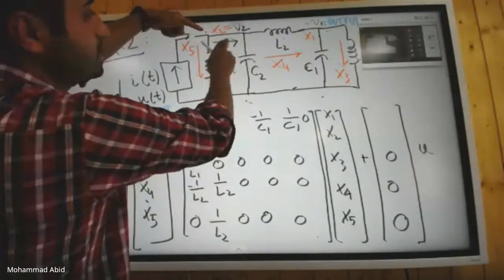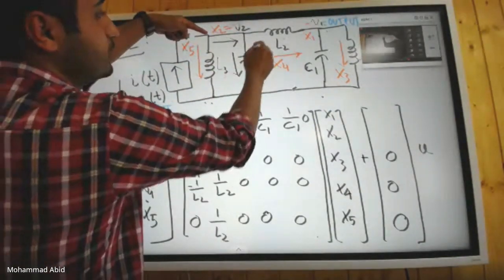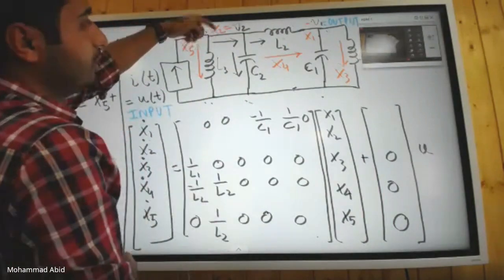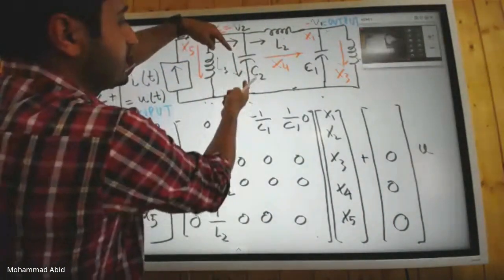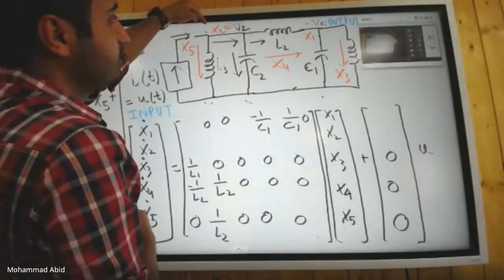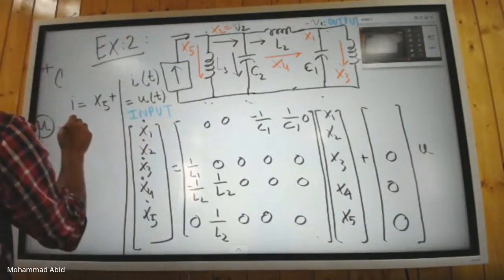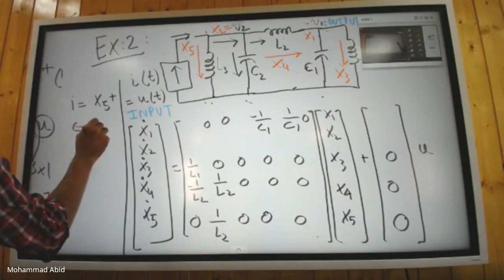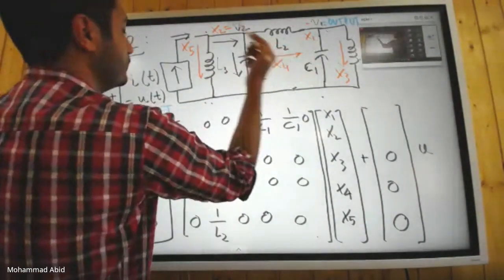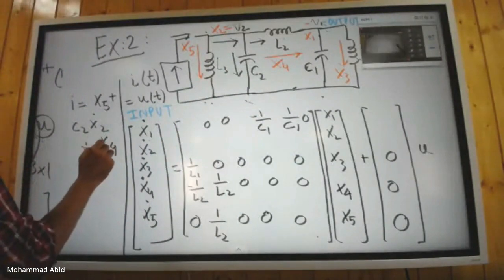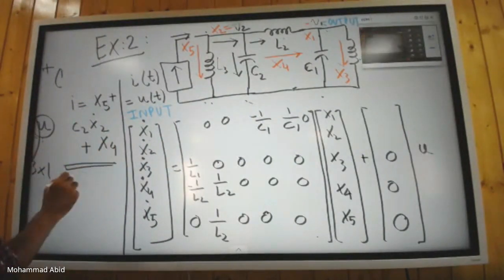This current going in this direction is also a sum of these two currents, isn't it? Whatever the value of this, the sum of these two. And what's the value of this current? That's x2 dot into C2, C dV by dt, plus this current. This current is x4. So you can get the equation for x2 dot.